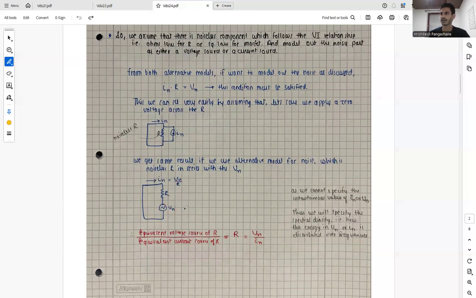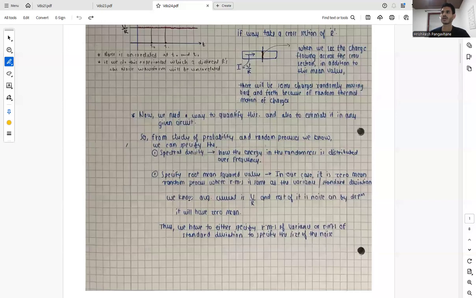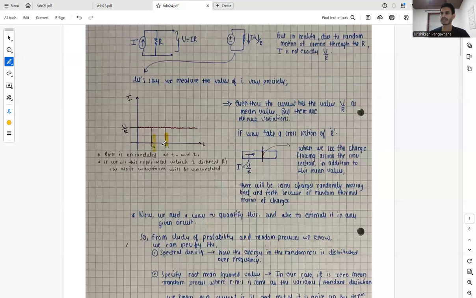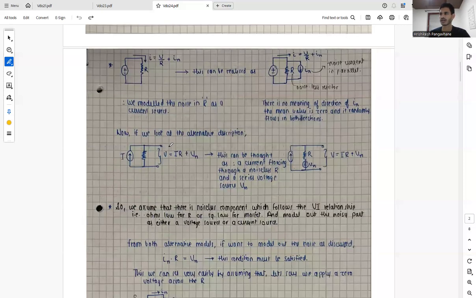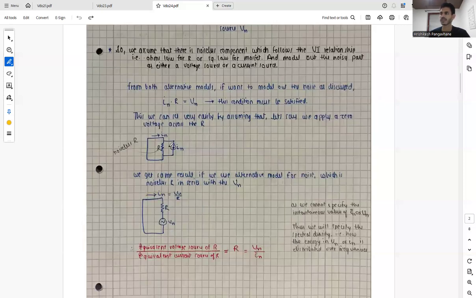Now, as we cannot specify the instantaneous values of In or Vn at any time instance, what we do is specify the spectral density. For example, how the energy in Vn or In is distributed over the range of frequencies.